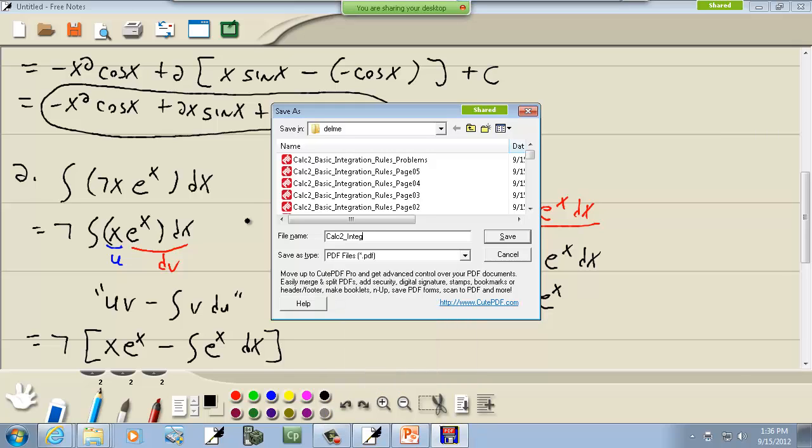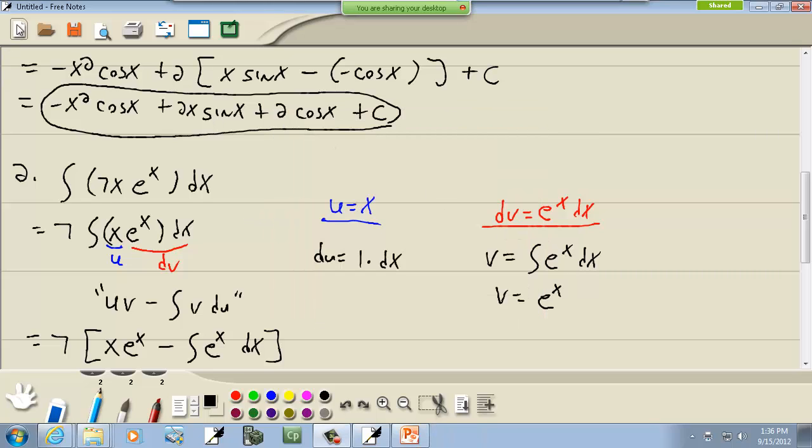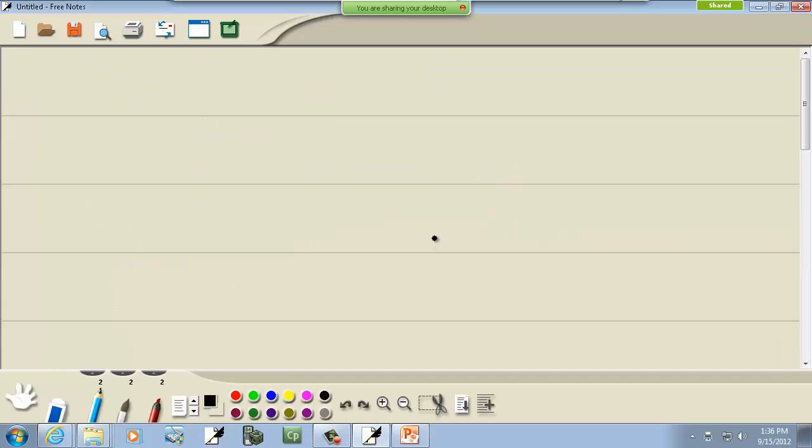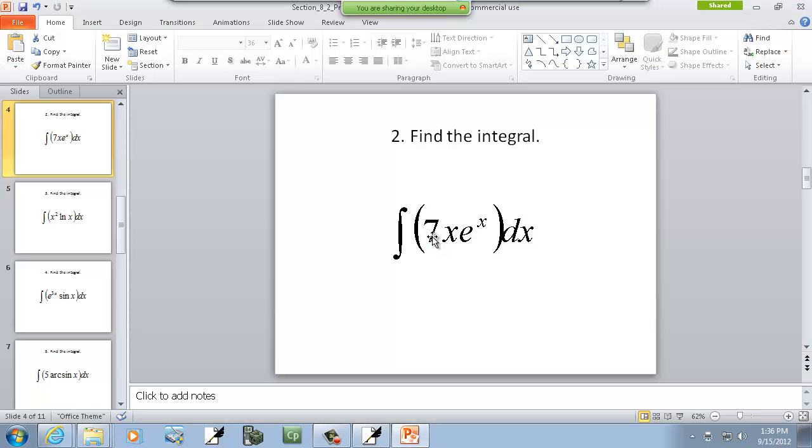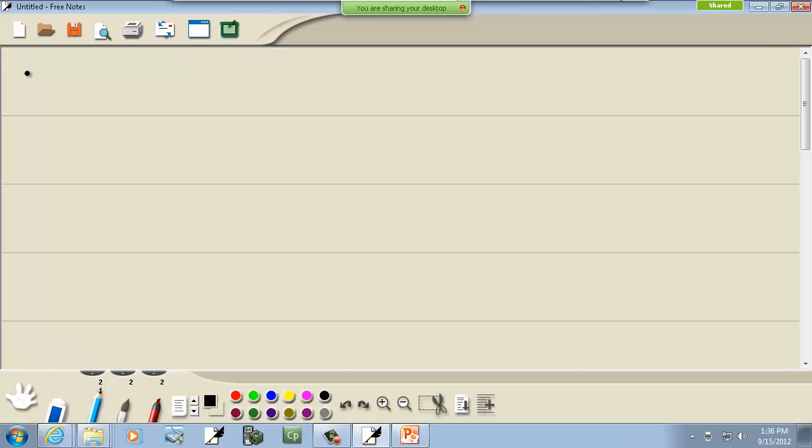Integration by parts, page 01. Okay, let's look at the next problem. Got x squared natural log of x dx.